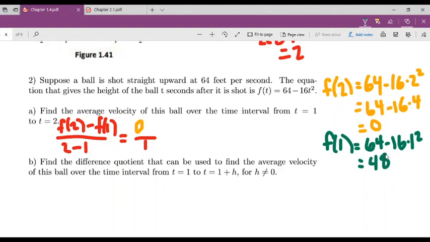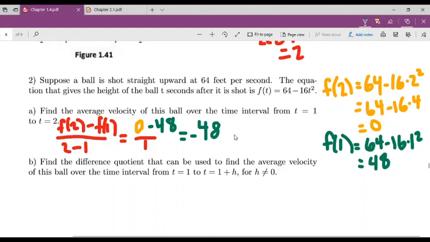Which I believe is correct. So what you get here is 0 minus 48 over 1, which simplifies simply to negative 48. So your average velocity of this ball over the time interval from t equals 1 to t equals 2 is negative 48.